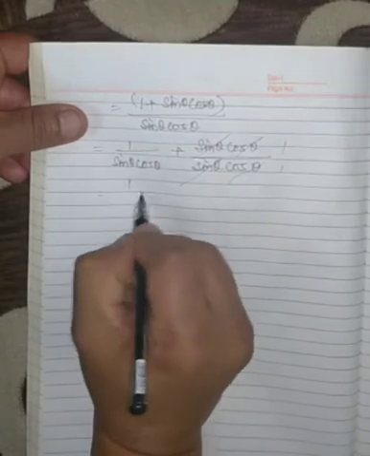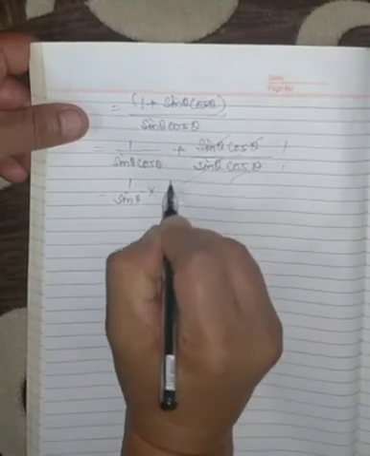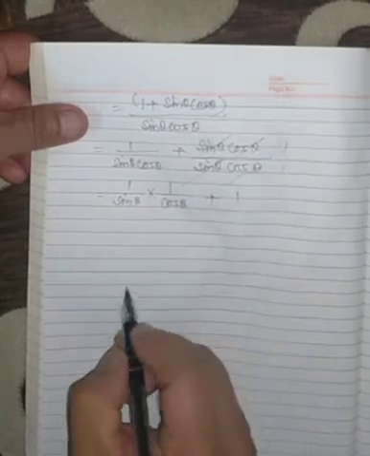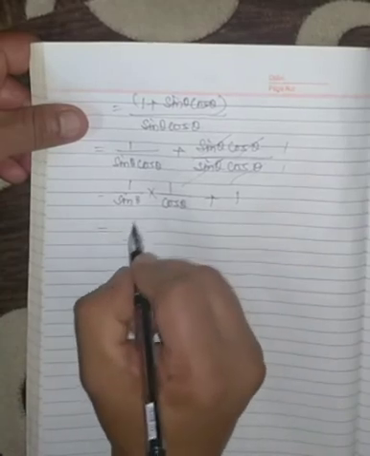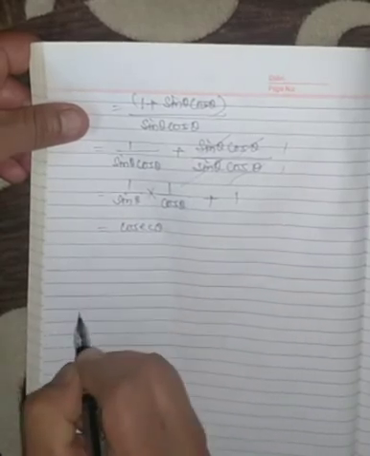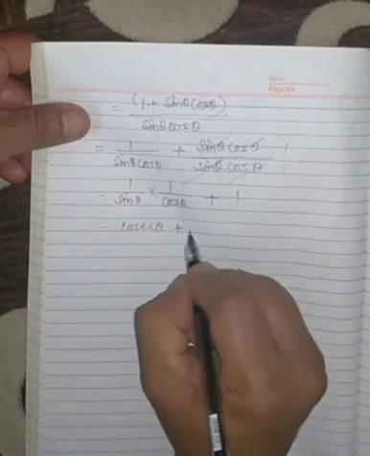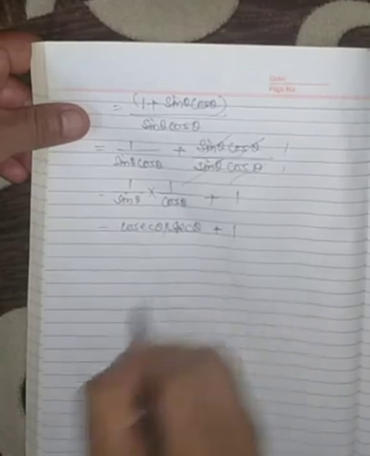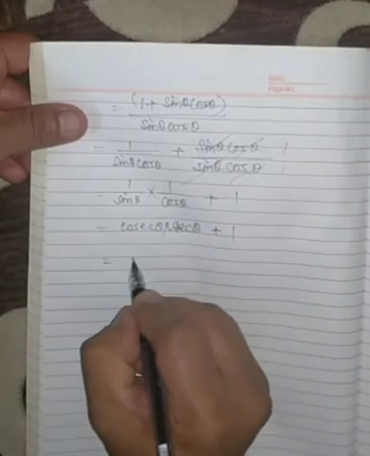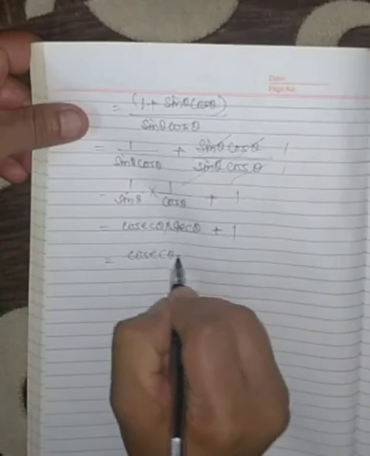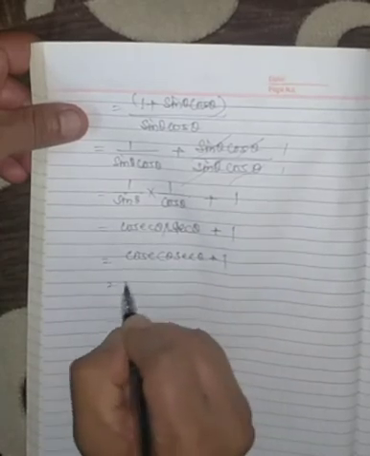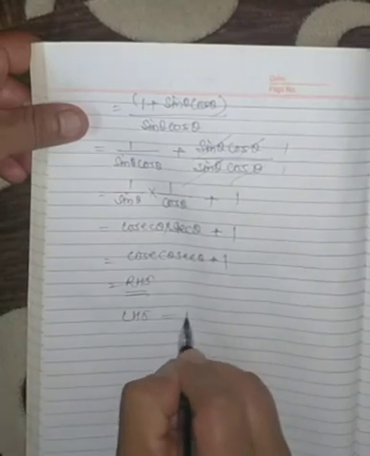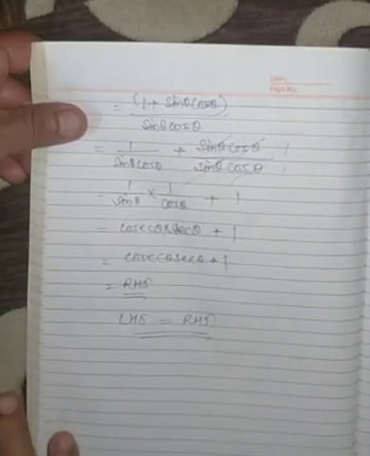This we can write as 1 upon sin theta into 1 upon cos theta plus this part cancels and we got 1. Now 1 upon sin theta is equal to cosec theta plus 1 upon cos theta is equal to sec theta plus 1, that is equal to cosec theta sec theta plus 1, which is your right hand side part. Hence LHS is equal to RHS. Hence proved.